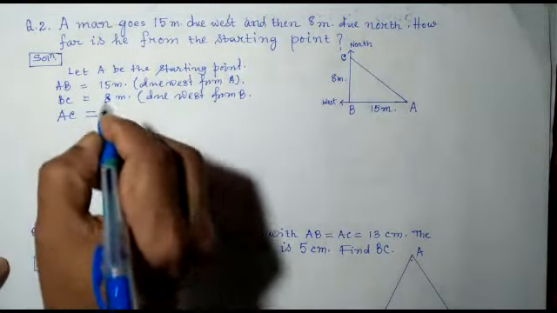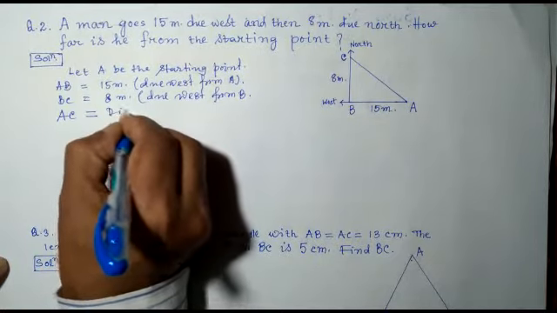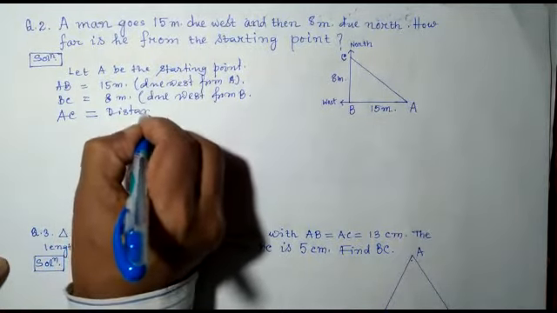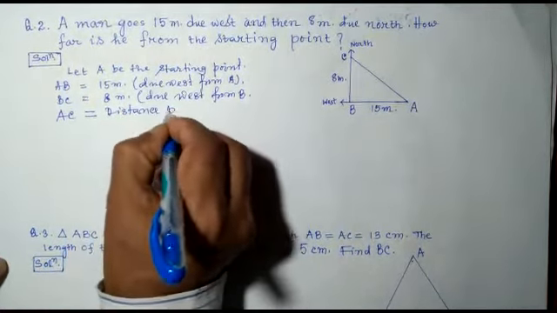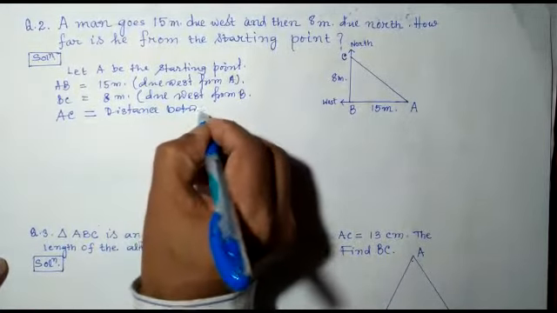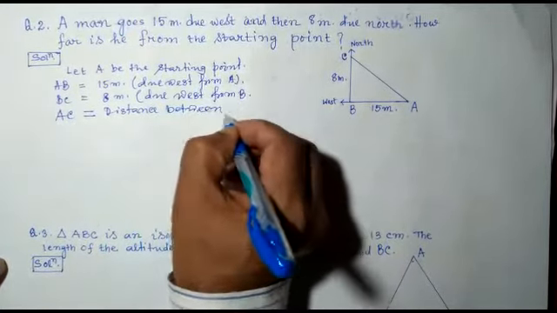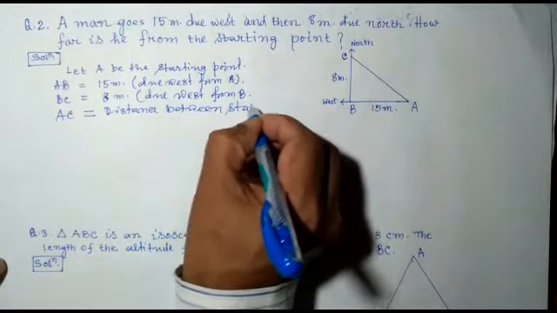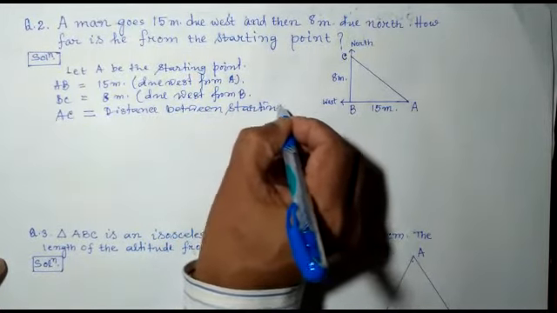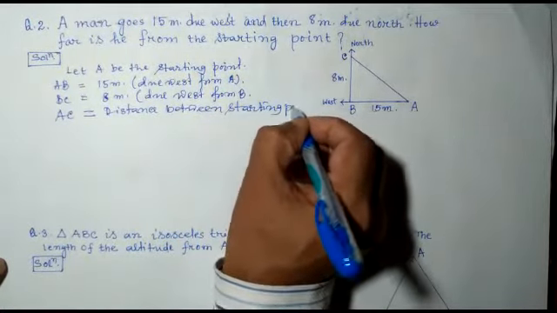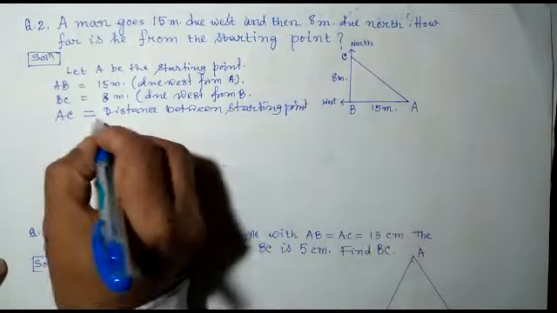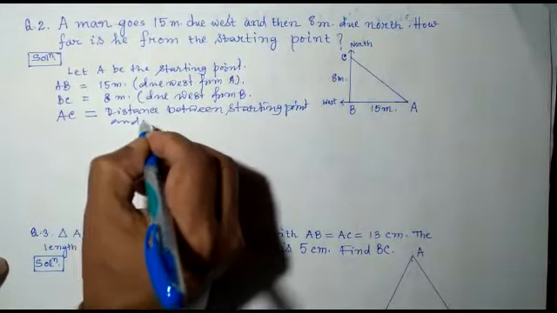So we can write AC, the distance between the starting point and final point.